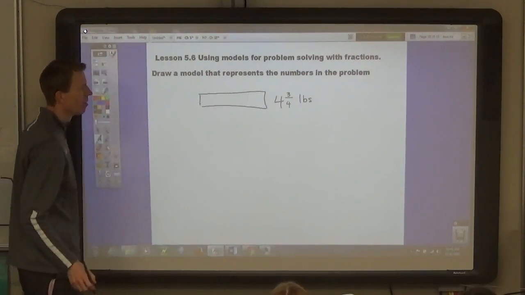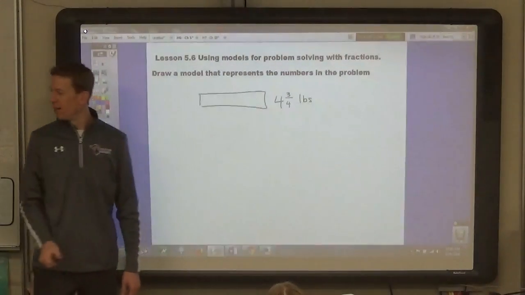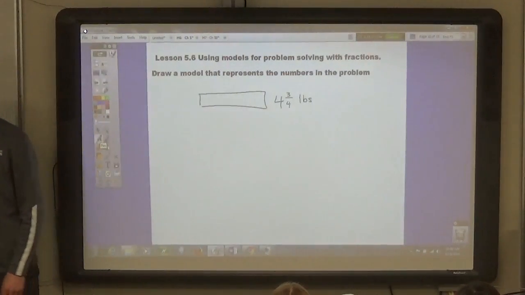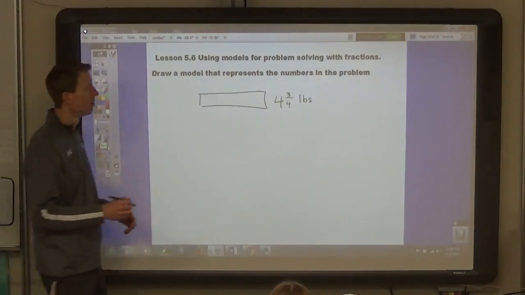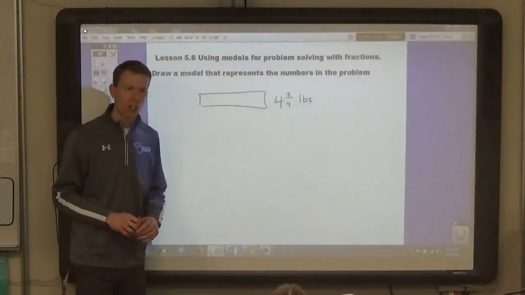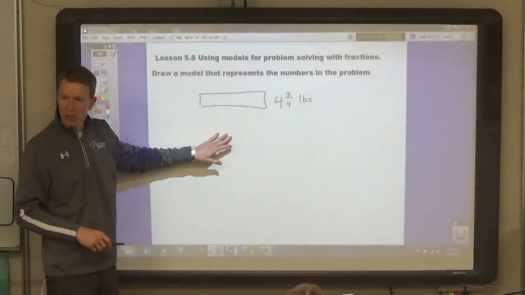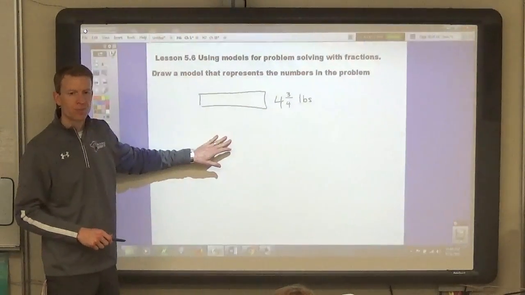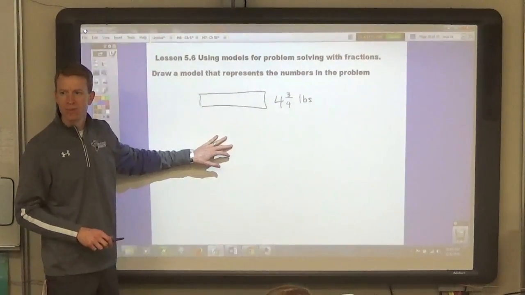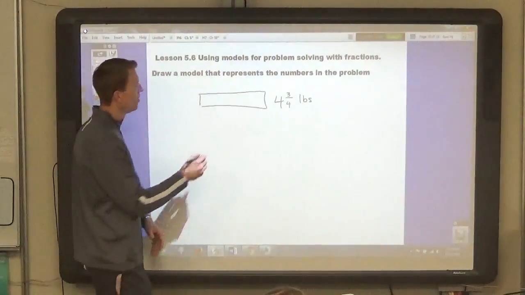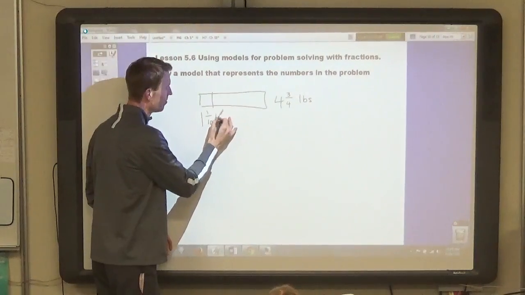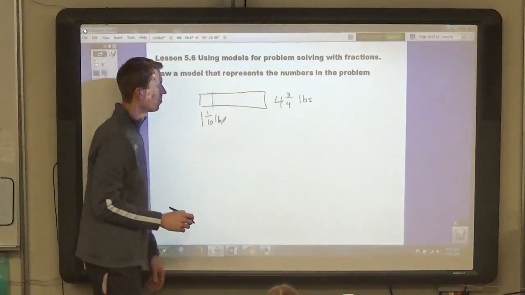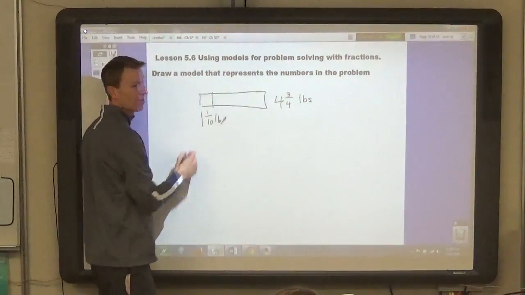Okay. Now, what are we doing? It says she uses 1 1/10 pound to make a cup. So how would we show using a 1 1/10 pound? On a model, you just draw a line. This portion was used for a cup. Okay?